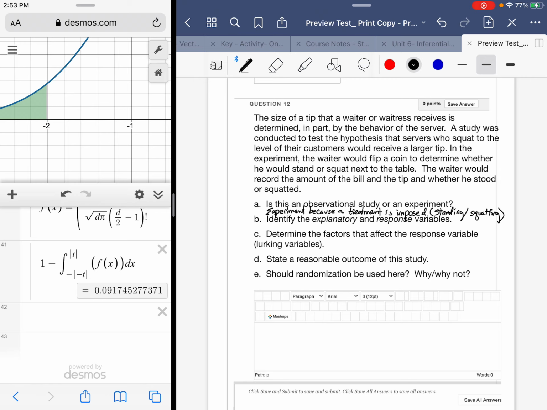Identify the explanatory and response variables. Okay, so the explanatory variable would be whether the individual stood or squatted. The response, amount of tip. All right.